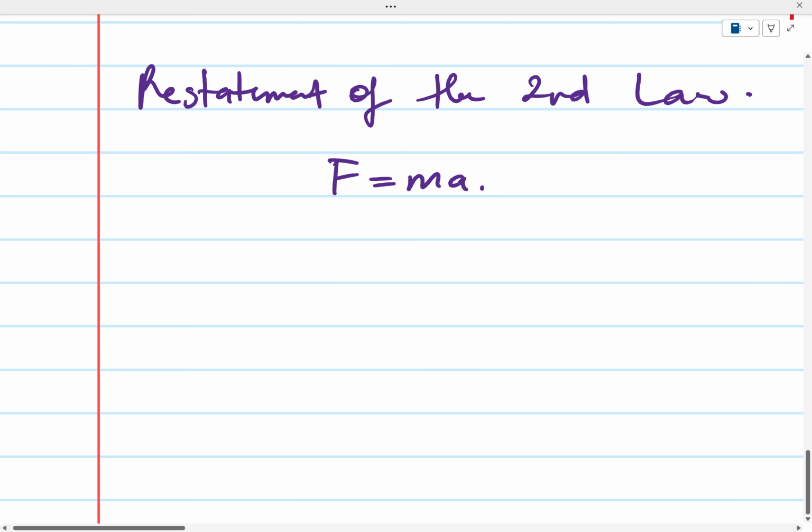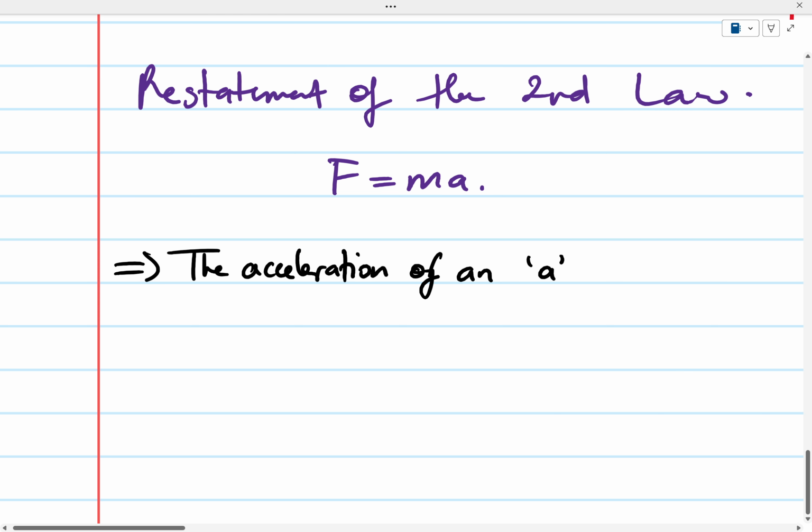Alright. So F is equal to ma. So we're working on this. What can we understand from this? We're talking about the acceleration of an object, a, because a is acceleration.